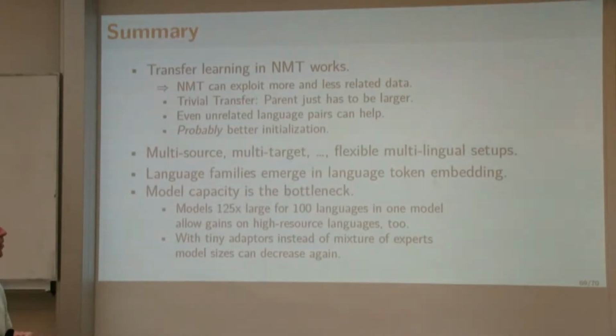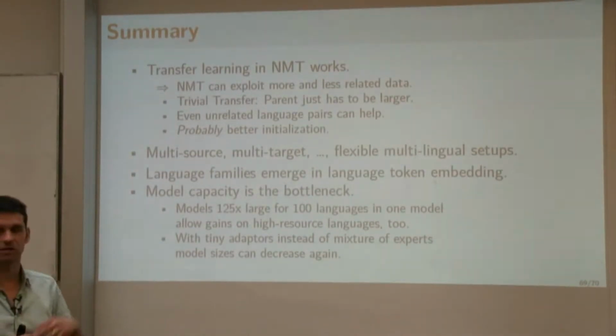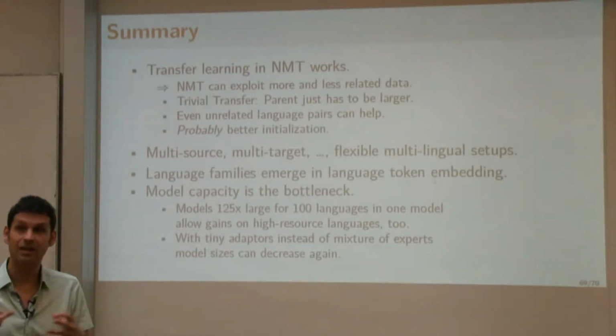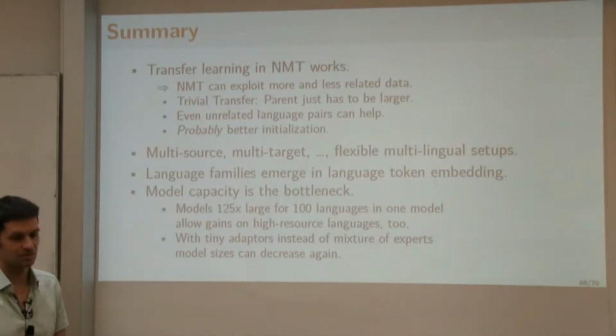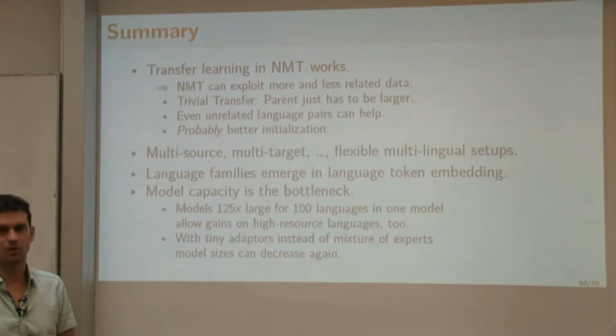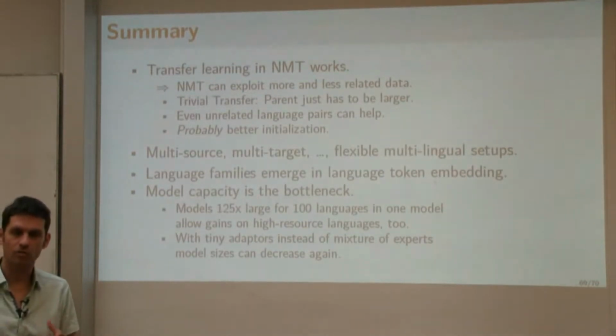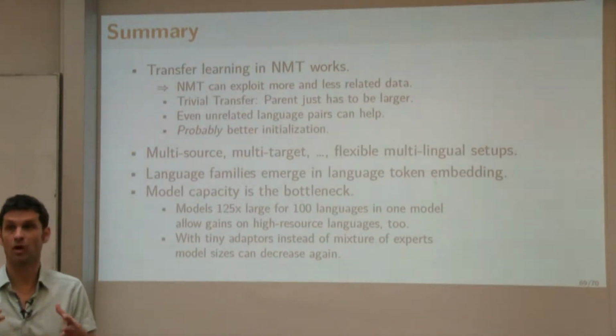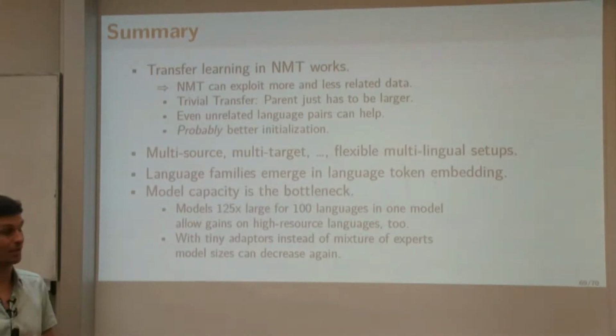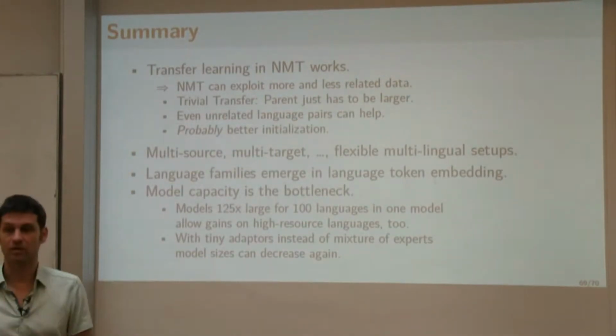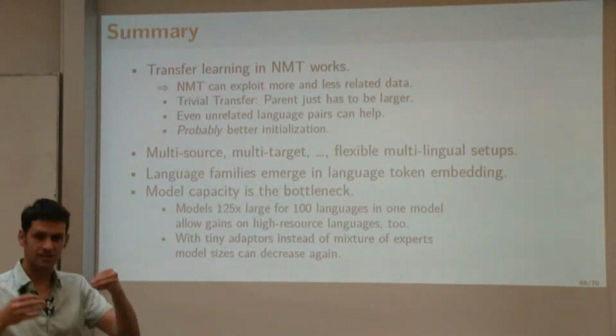And then we have talked about multi-source, multi-target and multilingual systems. Multilingual was whenever the system could produce or digest more languages than just one pair, and multi-source and multi-target were the setups where you had more of these inputs at once and more of these outputs at once.